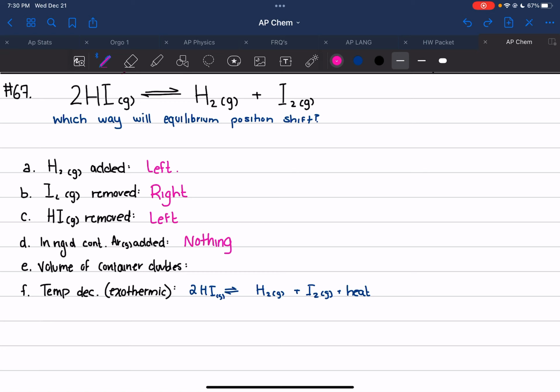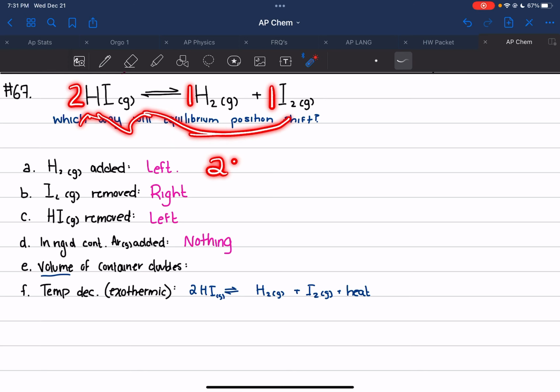Okay, E tells us the volume of the container is doubled. Doubled means by 2. But there are equal numbers of product and reactant gas molecules, so a change in volume will not have an effect, meaning that for every 2 HI, there is 1 H2 and 1 I2, so the ratio is the same.